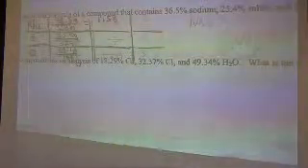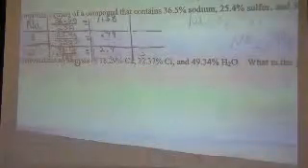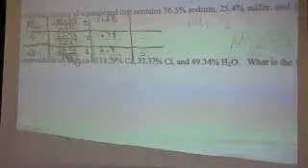What do you get? 0.79. And then the bottom one, what do you get? 2.39 or 2.4? How about 2.4? Okay, so we've got those.